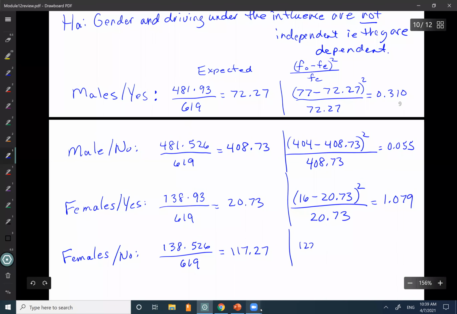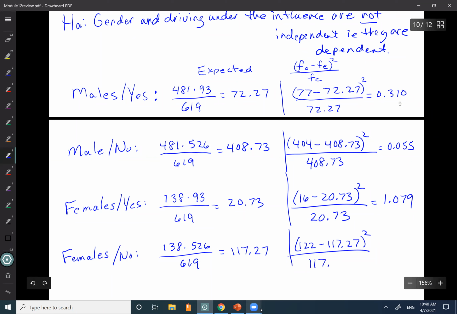Another thing to keep in mind: if you have calculated the expected value and it's really different from the observed, like out by a couple of hundred or something like that, then you probably have calculated the expected value incorrectly, or you've grabbed the wrong observed value. Notice that our observed and expected values for each of these categories are similar, right? 77 versus 72.27, 404 versus 408, 16 versus 20, 122 versus 117.